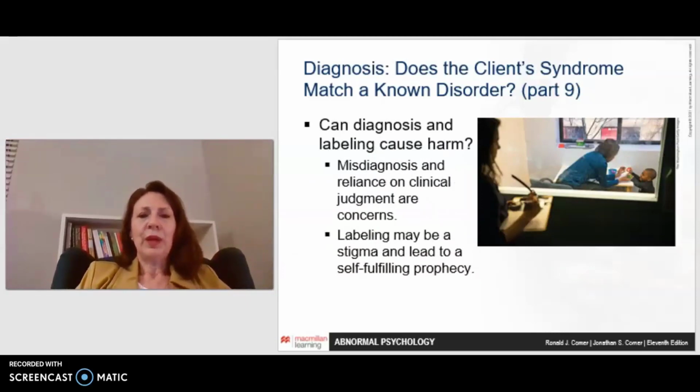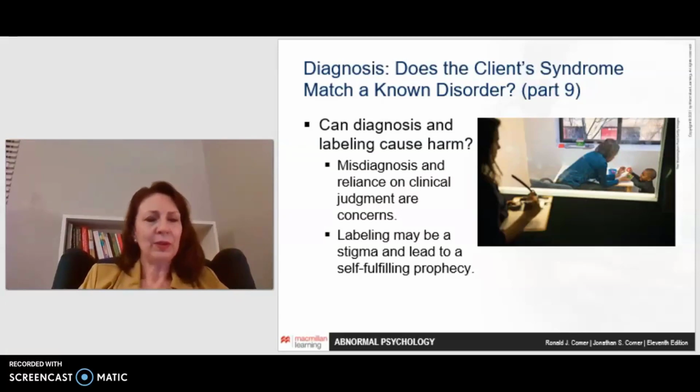And we want to make sure that the client's syndrome is matching a known disorder because misdiagnosis and reliance on clinical judgment without a lot of good analysis can lead to poor treatment. And so we definitely want to make sure that we've got the correct disorder.